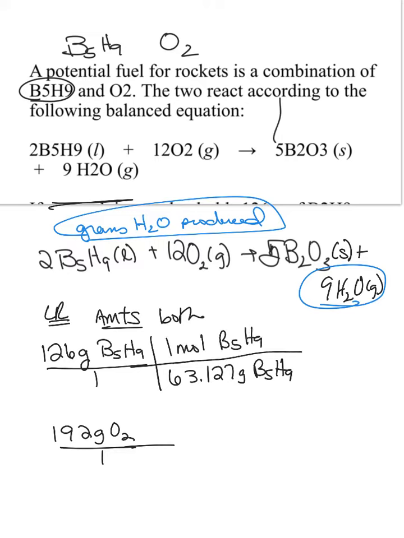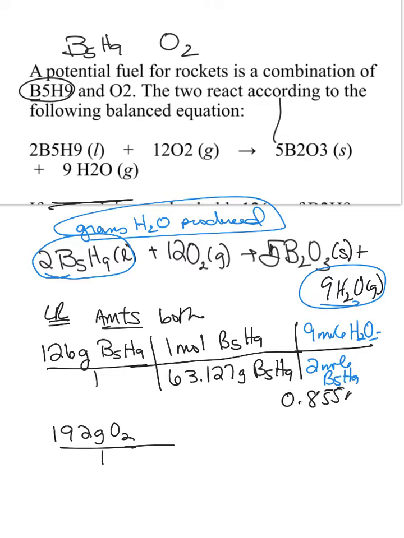And then we're going to use our coefficients in front of the borane compound and the water. So for 2 moles of B5H9, we have 9 moles of water. And when we put that in our calculator, we multiply and divide, we get 0.855 mole of water.